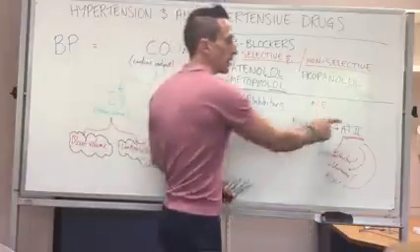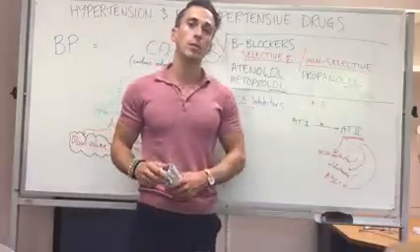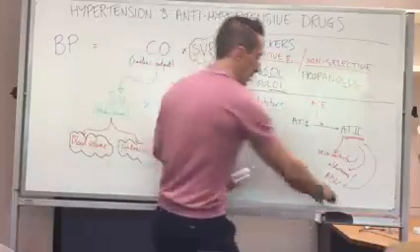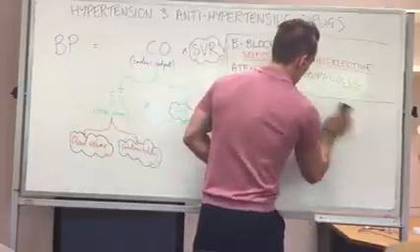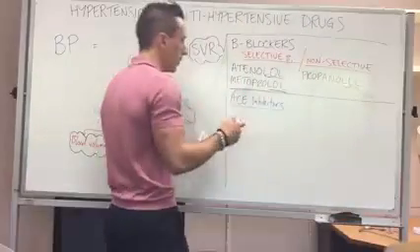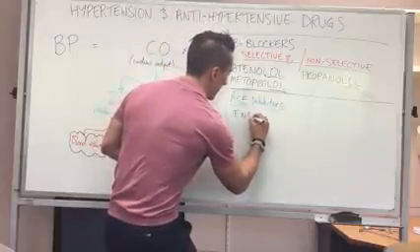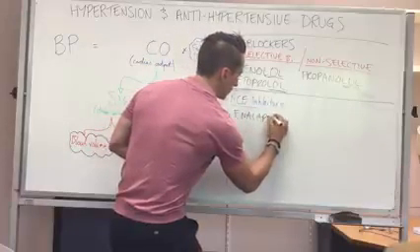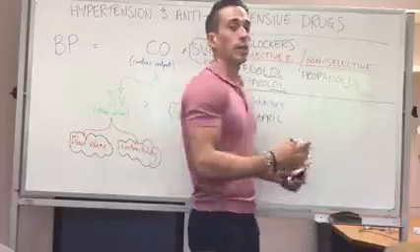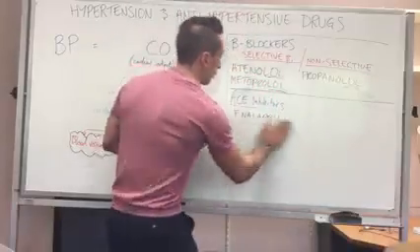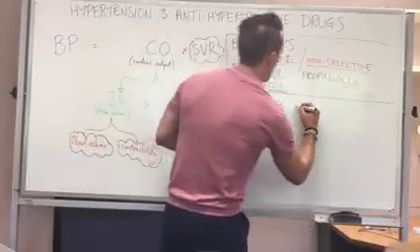Therefore, if you inhibit its production via ACE inhibitors, then what happens is you reduce blood pressure. A common medication is enalapril. Enalapril is a common ACE inhibitor. Okay, let's move on. I'll write that over here so I've got more room.